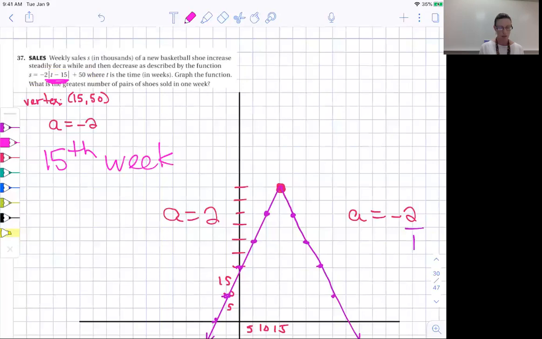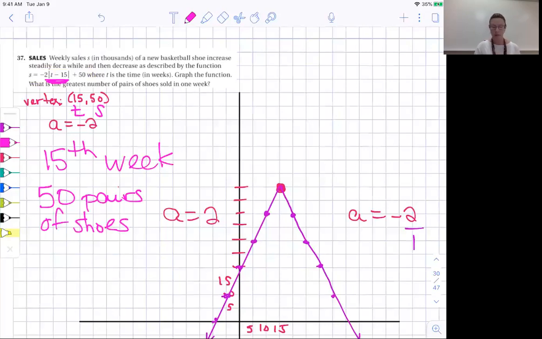So that's time. So in the 15th week, we sold 50 pairs of basketball shoes. So the y value are the sales that we've sold. T is time, that's my x. The sales would be the y.